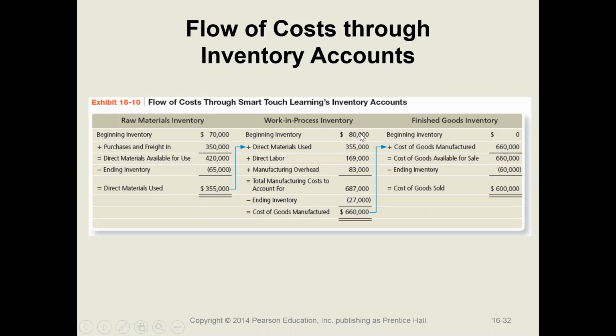So we take the beginning inventory of work in process, we add direct materials, direct labor, manufacturing overhead, we subtract ending inventory to get cost of goods manufactured, and that was the structure of the previous slide. That cost of goods manufactured goes into the finished goods inventory calculation, where you take the cost of goods manufactured, you add the beginning finished goods inventory, and subtract the ending finished goods inventory to get cost of goods sold. So this is a summary of the flow of the costs through all three different inventory accounts.